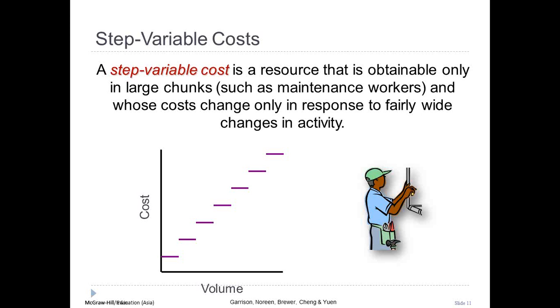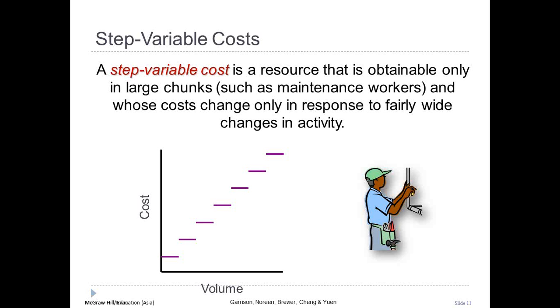So there may be one person who can support 1 floor of our office, but let's say we expand onto 2 floors. Then we would have 1 person on each floor. So then we would have 2 people involved in the maintenance and support. Let's say we expand to a 3rd floor.